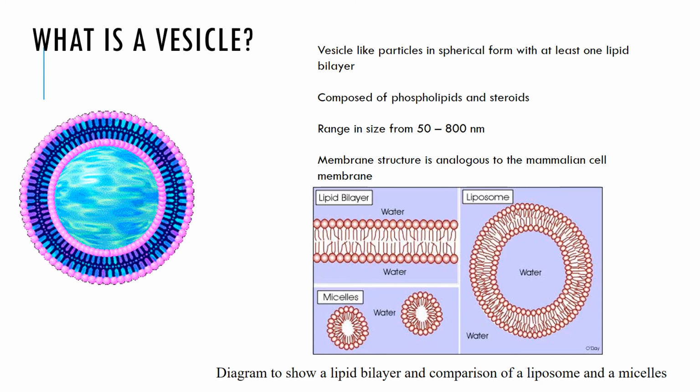So I show you there an image that highlights the difference between a bilayer or a monolayer, a micellar structure, and a vesicle, or a liposome, which is another word that you will see for a vesicle.